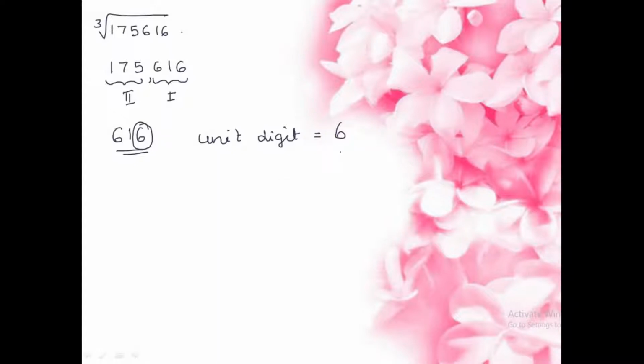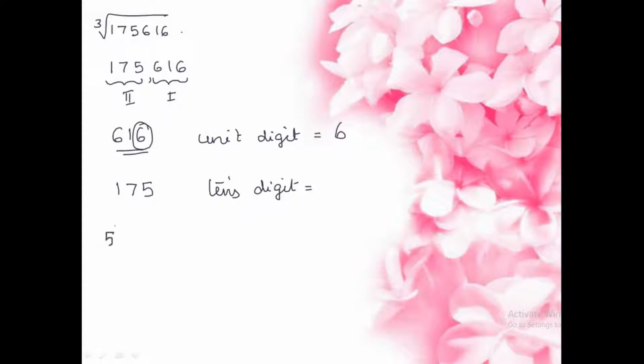Now we have to consider the second group. Here the second group exists. It is 175. This number decides the tens digit, right? Tell me, 175 is in between which cubes?